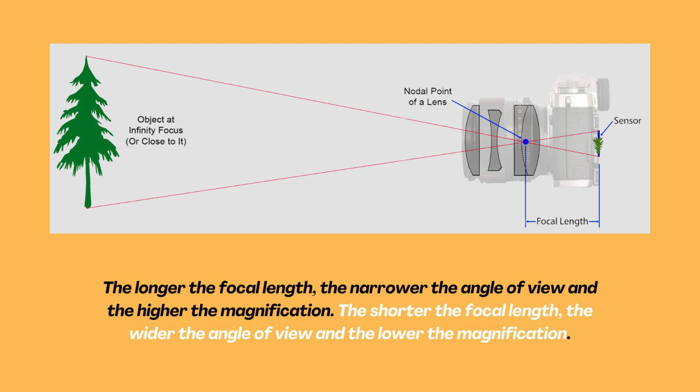So that's 100 millimeter. And this will allow you to see how much you can zoom in and zoom out. So we use a smaller unit of measurement, millimeters, to calculate a small distance from the optical center of the camera's lens.